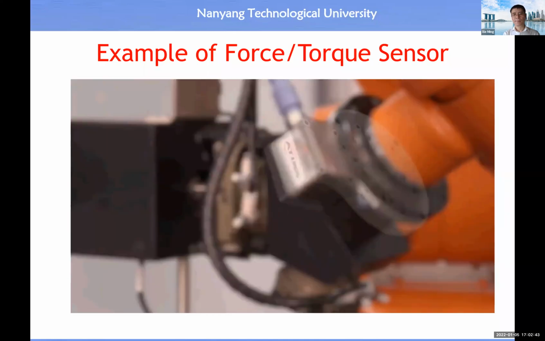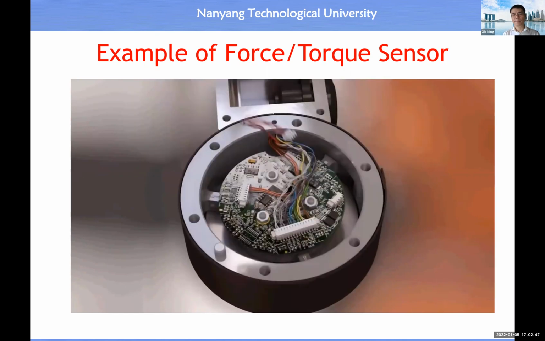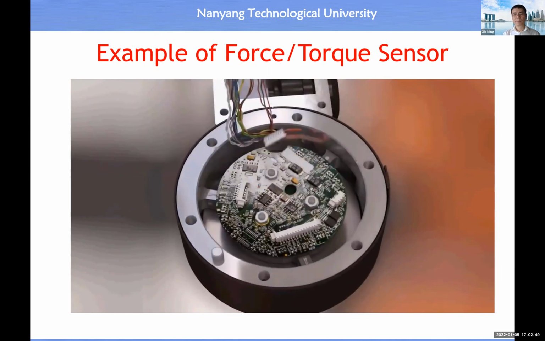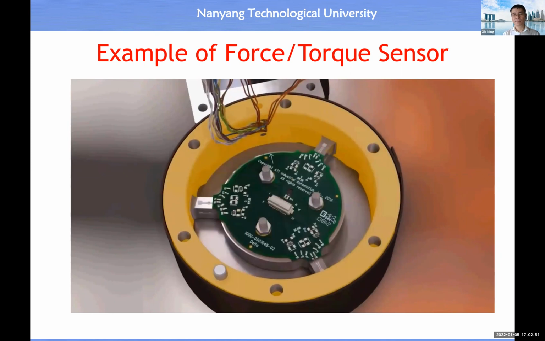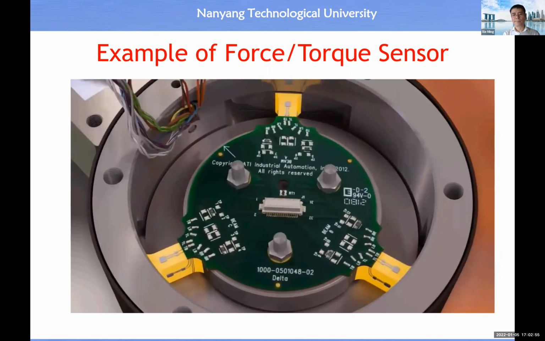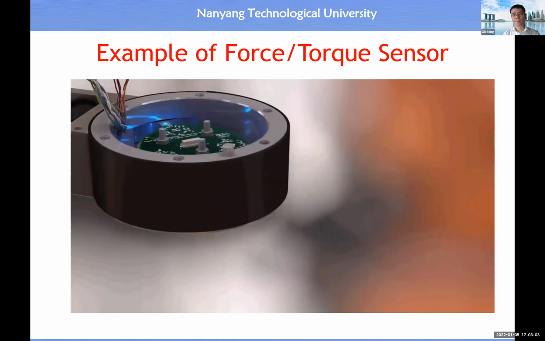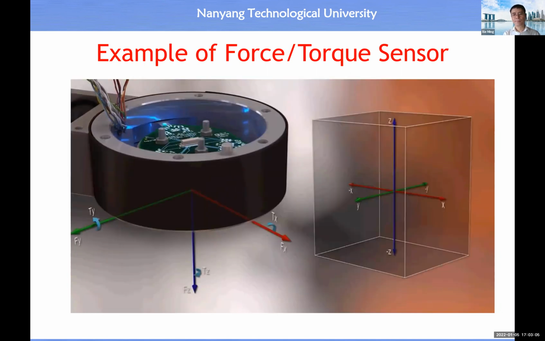When you look inside the ATI force torque sensor, you can imagine it resembles a wheel with an outer wall, an inner hub with spokes or beams connecting them. Each beam has 4 silicon strain gauges that function in pairs to form half bridges. The output of the transducer is 6 channels of strain gauge voltages. The output is digitized and then converted to force and torques through a matrix calculation.